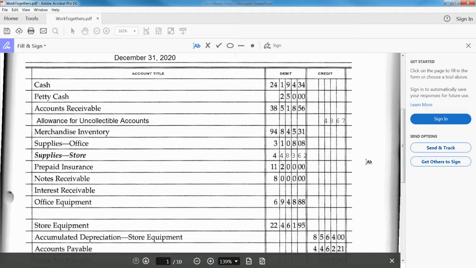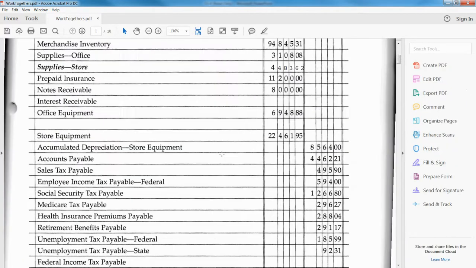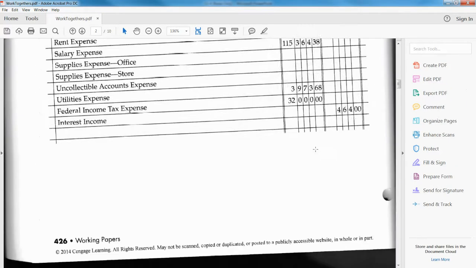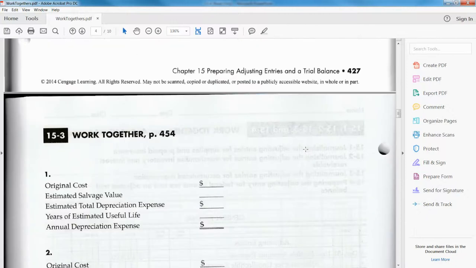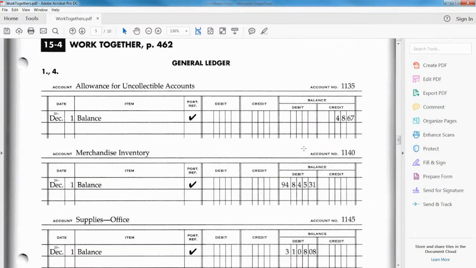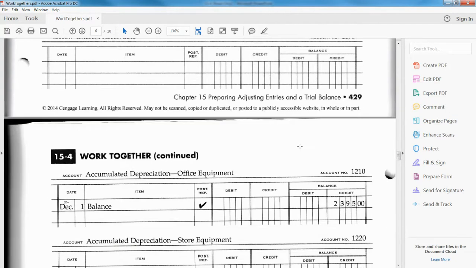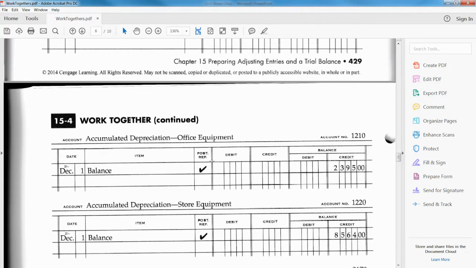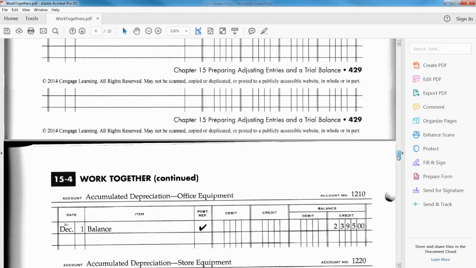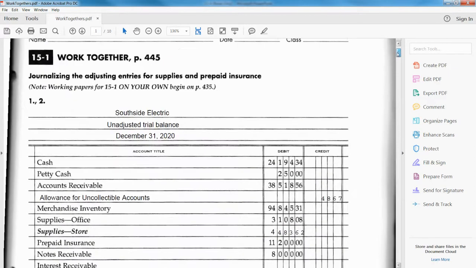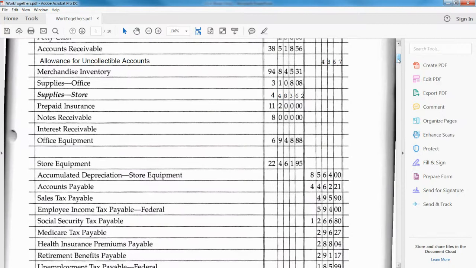Then we need accumulated depreciation office equipment. So I'll scroll back and find that account. And here is accumulated depreciation office equipment, and it has a balance of $2,395. So we're going to go back to our unadjusted trial balance.